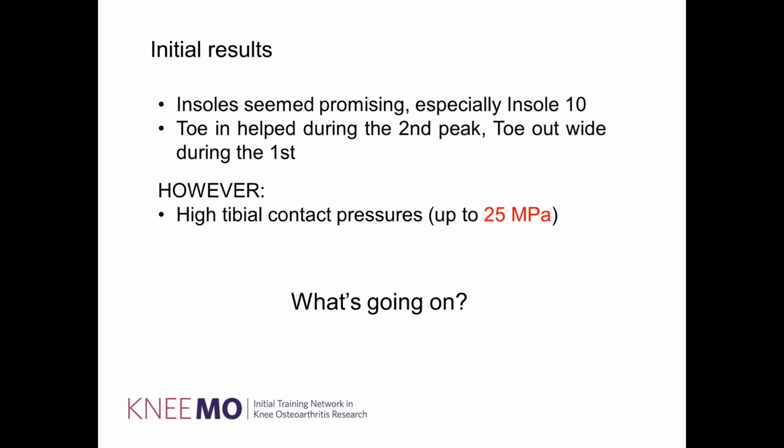And so we set out to investigate where the issue might lie, and we took several actions to find out what was wrong. First of all, we did some parametric studies with different muscle models.